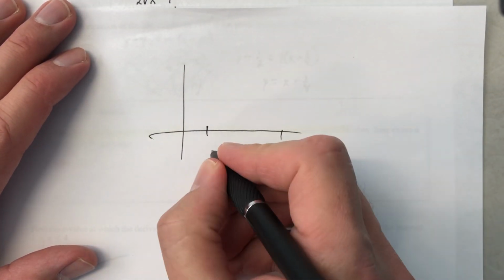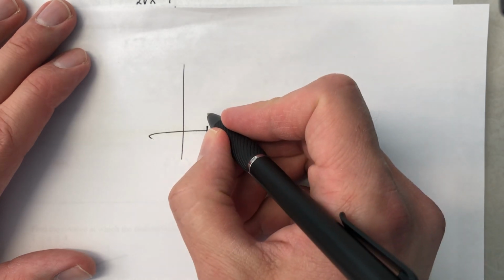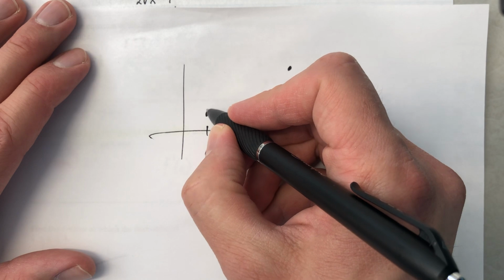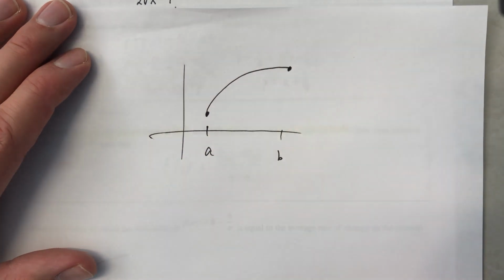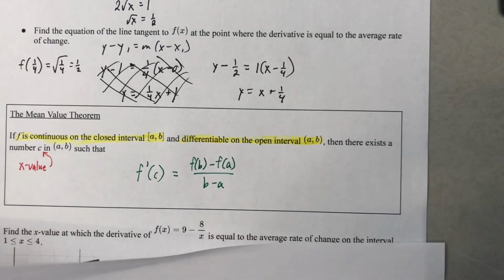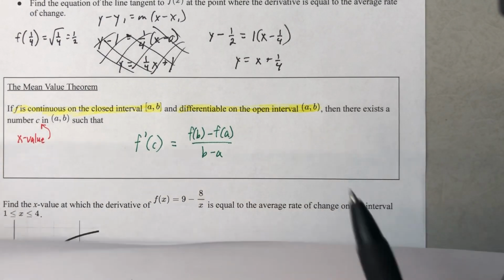We're going to go from A to B, and we're going to have a function that is continuous on a closed interval from A to B, and it's going to be something like that, which is sort of what we had here. And it has to be differentiable on the open interval, and here's what that means.